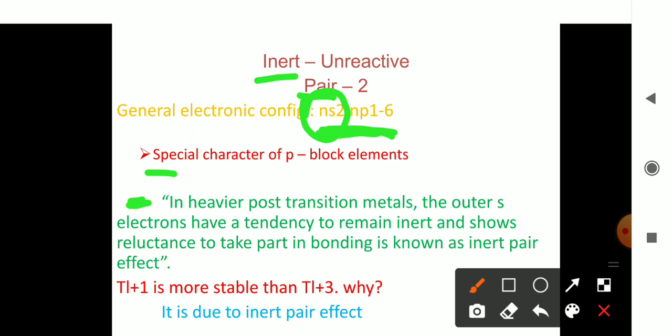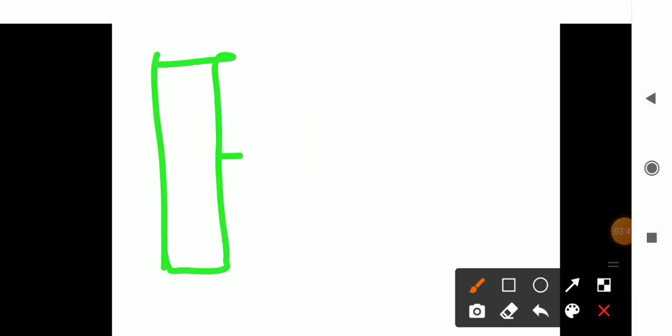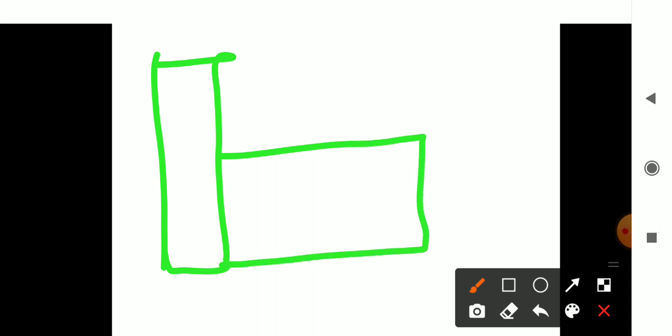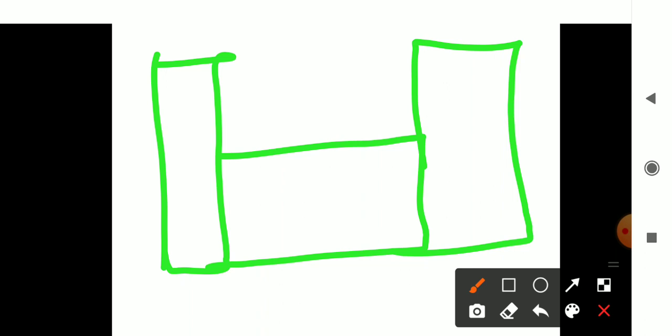Here we need to know what is called a post transition metal. We know the construction of the periodic table, isn't it? It has 4 different blocks. This side S block, then here D block, and here it is P block. This is the place of the transition elements.